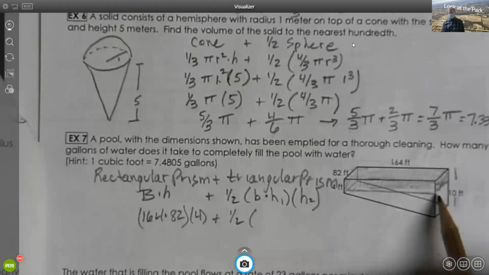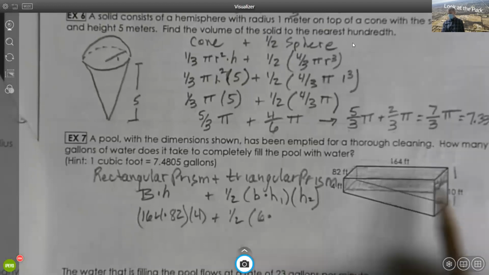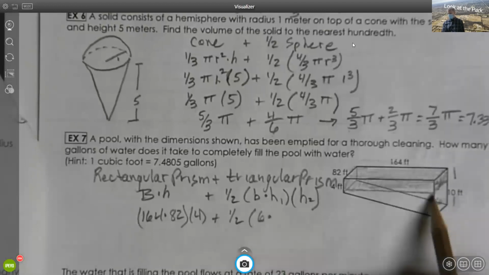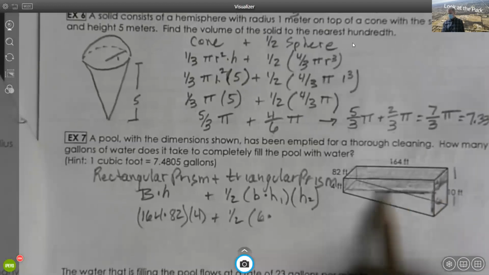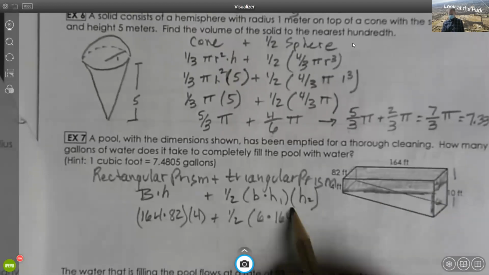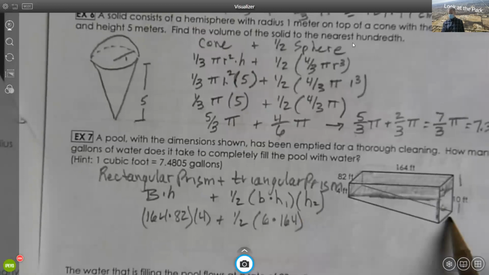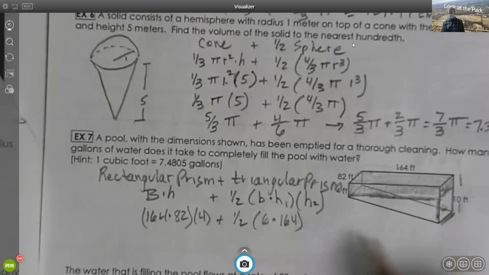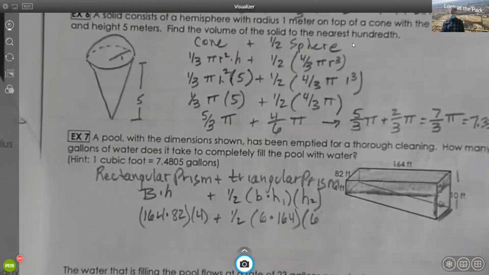So the triangle is going to be 6 times, that's this portion here, all the way down, which is 164. And this H2 is the distance in between the triangles, which is 6. No, it's not. It's 82. Sorry.